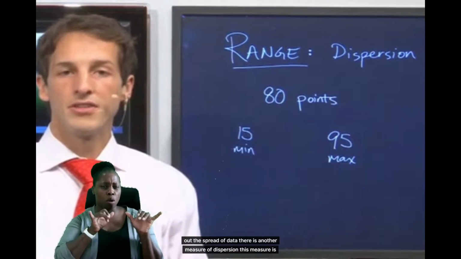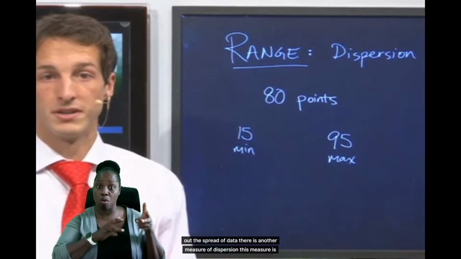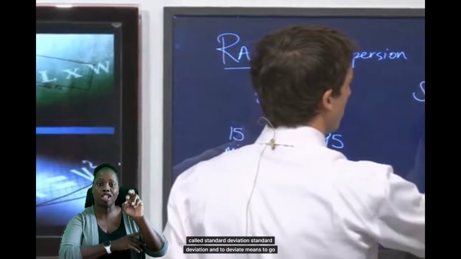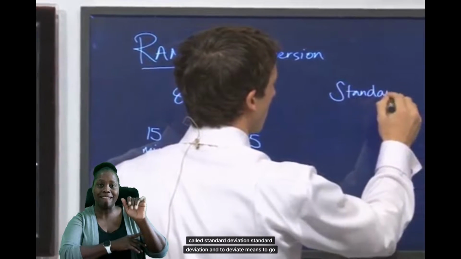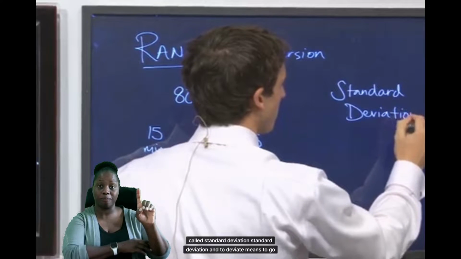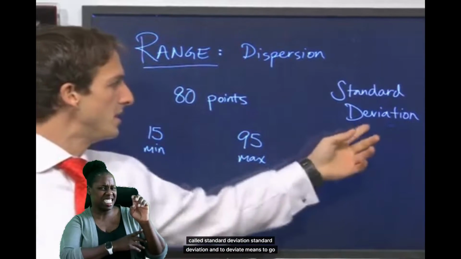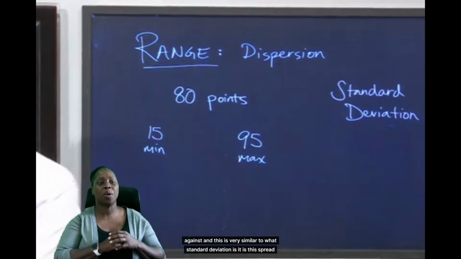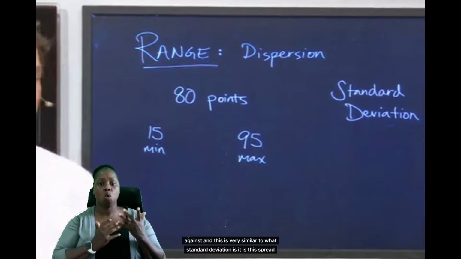There is another measure of dispersion. This measure is called standard deviation. And to deviate means to go against, and this is very similar to what standard deviation is.